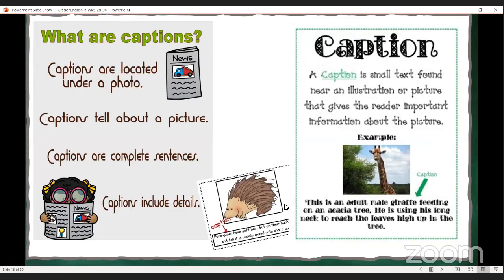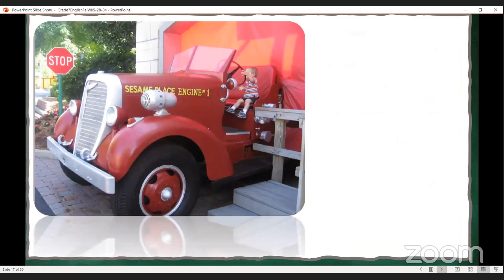There's a little caption of a porcupine. Porcupines have soft hair, but on their back and tail it's usually mixed with sharp quills. So there's my little image and there's my little caption. Now here's a challenge for you. Remember I said I was doing Flipgrid again? I've set up a Flipgrid with details at the end of the slide.